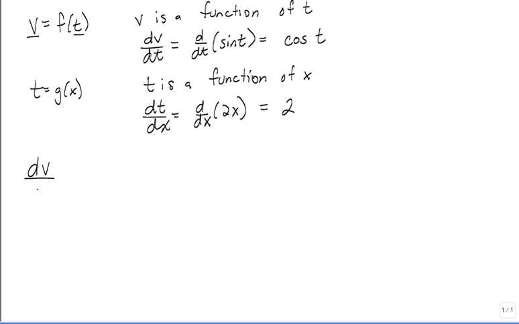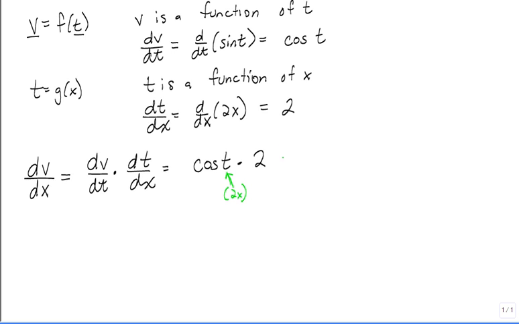So if we want the derivative of the two functions composed, then we can say that this is dv dt times dt dx, and it's like the dt's will drop out. That's cosine t times 2, but we want this to be a function of x, so we said t was equal to 2x, so the answer to this is cosine 2x times 2. That's the derivative of sine 2x.